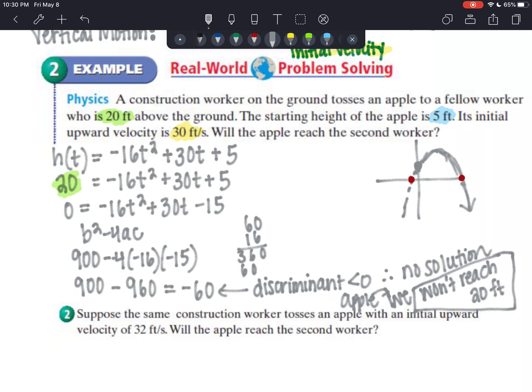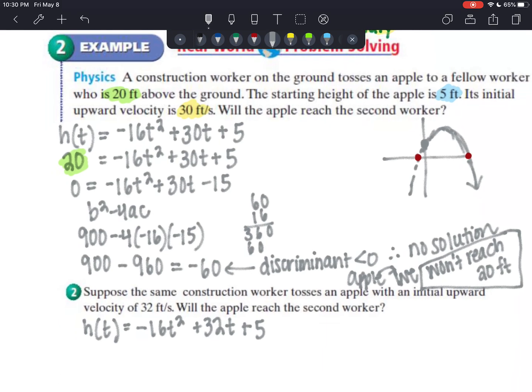Suppose the same construction worker tosses an apple with an upward initial velocity of 32 feet per second. So now he says, okay, I'm going to throw it a little bit harder. Now will it reach the second worker? Well, let's find out. H of t equals negative 16t squared plus 32t plus 5.